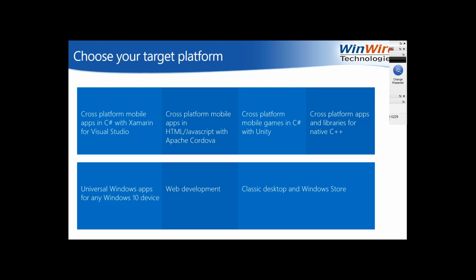You can do all that using Visual Studio 2015. Apart from all this, the good old things like classic desktop applications, Windows applications, and Windows Store applications, you can always build as well. So that's already there. There are different platforms that you can target with this new version of Visual Studio, and then you can work based on your needs.